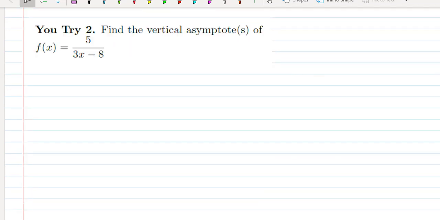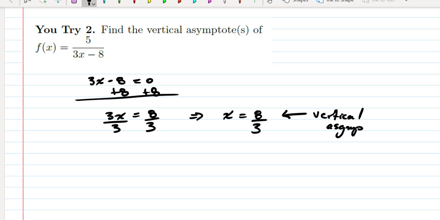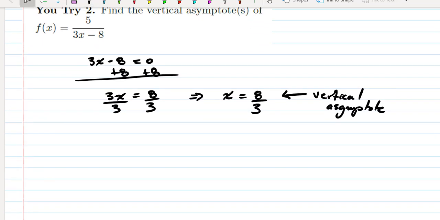So the equation for our vertical asymptote is going to be the same as the answer you got for Try Number 1, which was the point we removed from the domain. So when we set 3x minus 8 equals 0 and we solved, we found that the point that was removed from the domain was 8/3. So that gives us that our vertical asymptote is this line. So let's go ahead and look at a picture of this one as well.